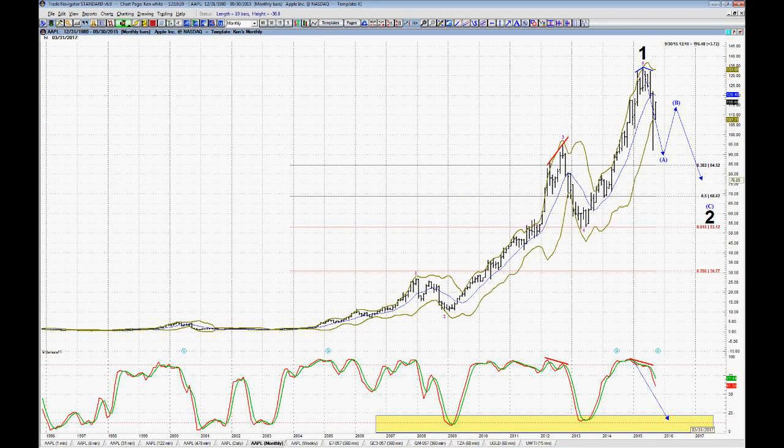That's where C and A would be equal. We have got to move this up a little bit. C and A will be equal around 78.